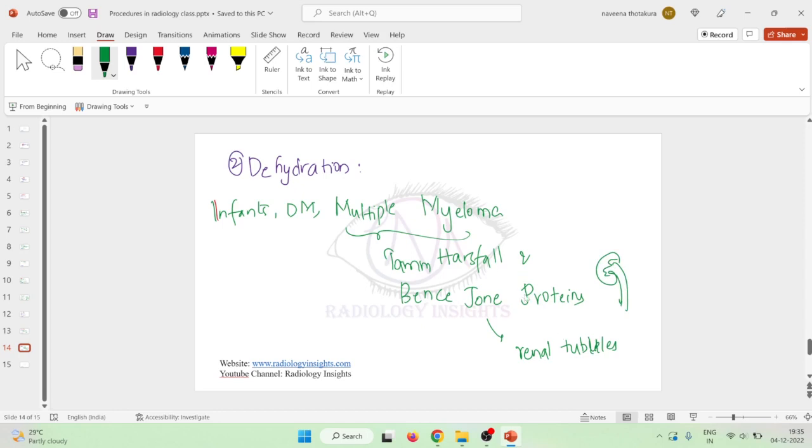Whenever these proteins precipitate in the renal tubules, they obstruct the tubules, and this results in anuria. Finally, the renal function is completely lost because of this dehydration in multiple myeloma or in infants.